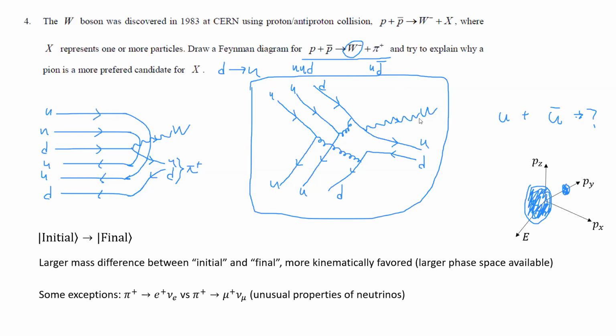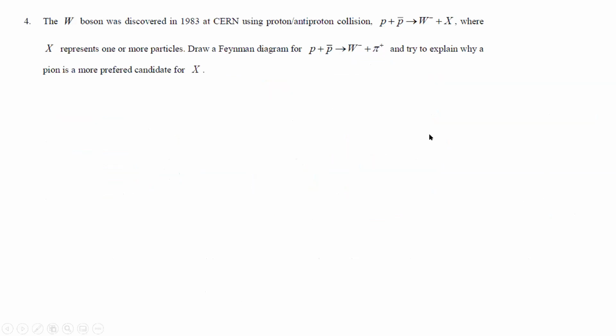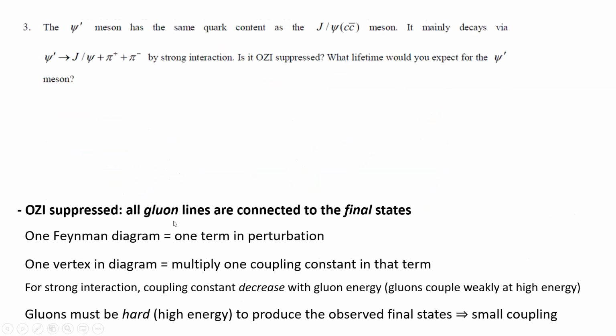What is OZI suppressed? Okay, so maybe I can repeat once again. So normally for a strong interaction process, the lifetime will be of the order 10 to the minus 23 seconds.